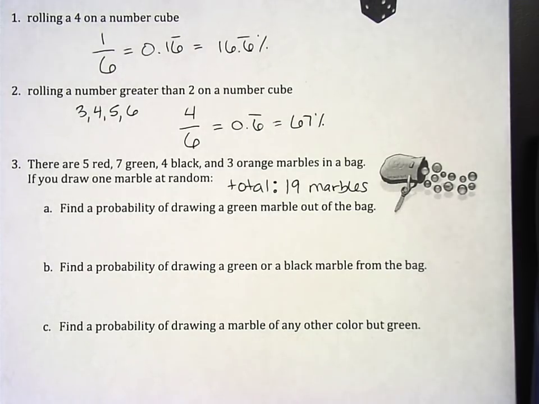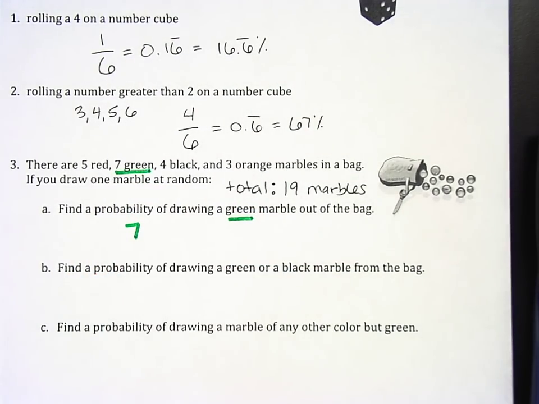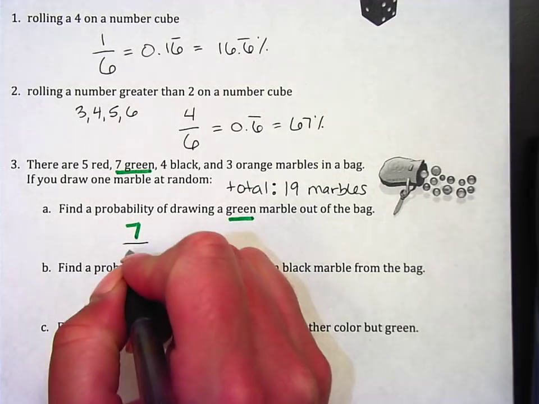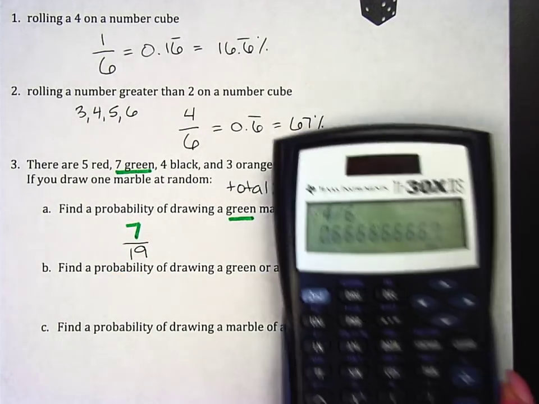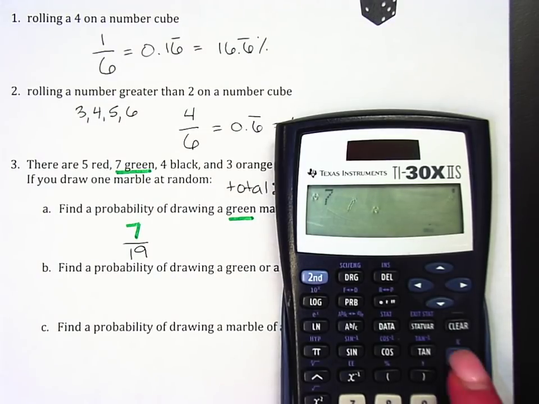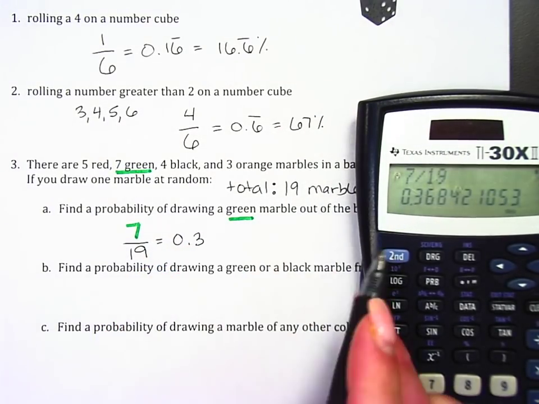So look specifically then, what are my options of drawing a green? In my directions, it said I had 7 green marbles, and then out of my total would be 19. Again, with my calculator, I'm going to do 7 divided by 19. We're looking at about 37%, so 0.368.